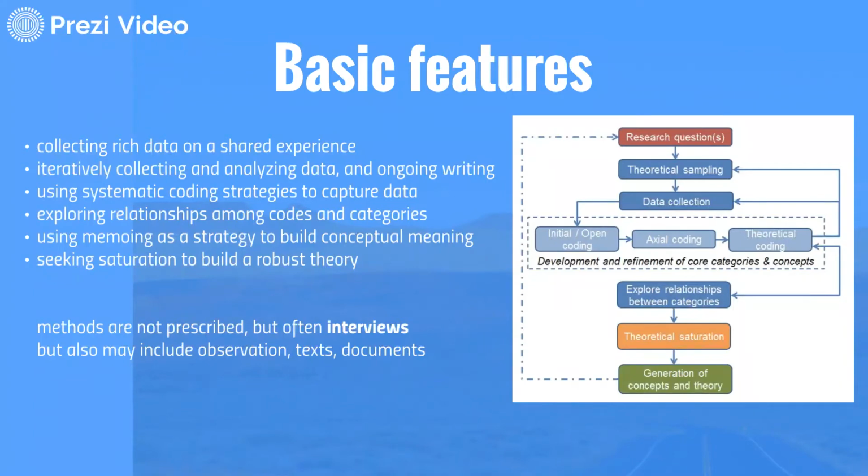And so we look for saturation in order to feel confident that we have a reasonably robust theory. When people do grounded theory, there's really no necessary prescribed methods, but oftentimes interviews are the most common data collection method that is used.